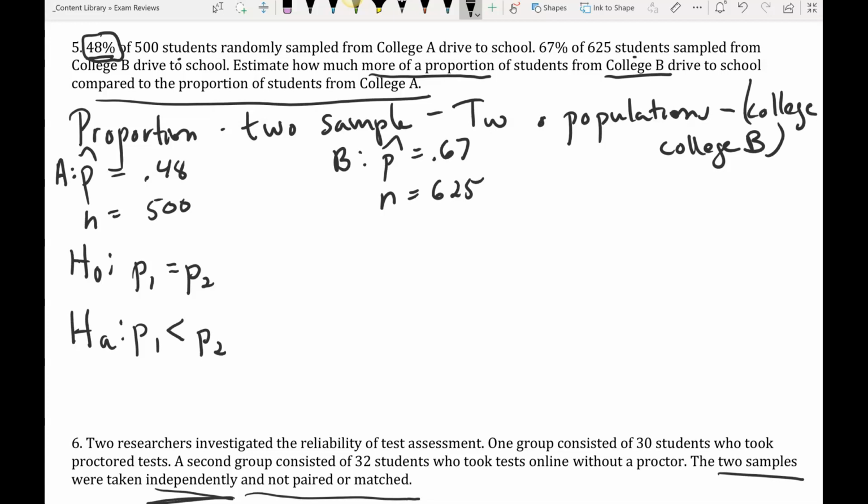So that's my null and my alternative. Notice B is the bigger group, so that's why the sign points towards group B. That's just reading and knowing what proportion test I'm going to be running.